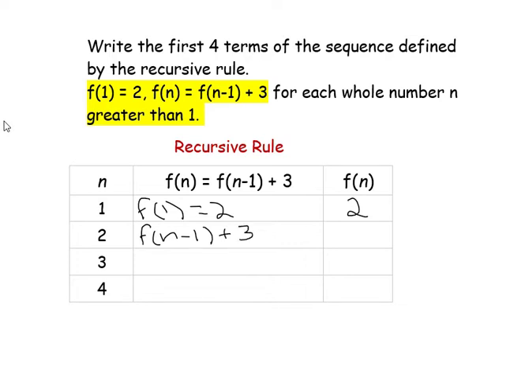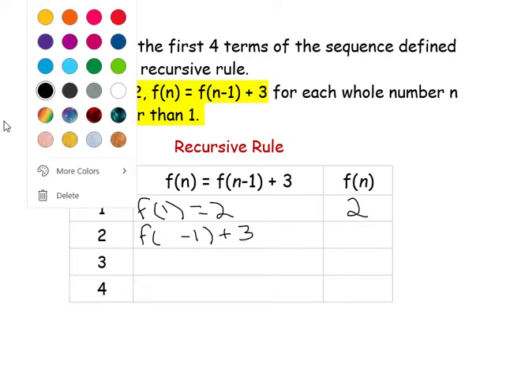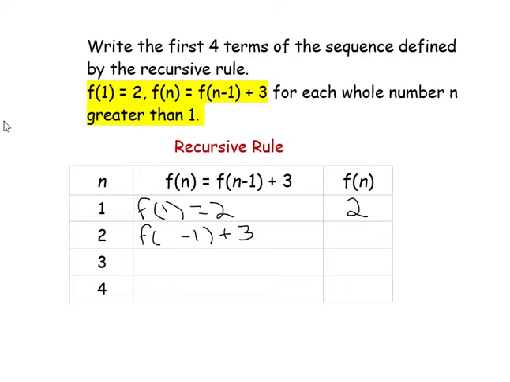Since my n here is 2, I'm going to put in a 2. And that'll be 2 minus 1, which is 1. 1 plus 3 is 4. And that would be wrong. Plugging in that 2 here would be wrong. Why, you ask? Good question. Let me show you exactly why that's wrong.